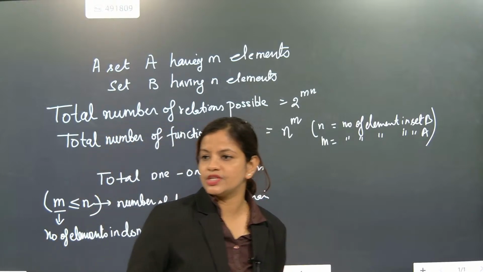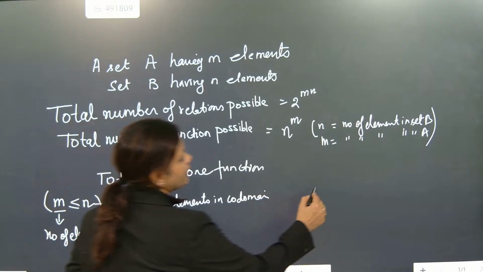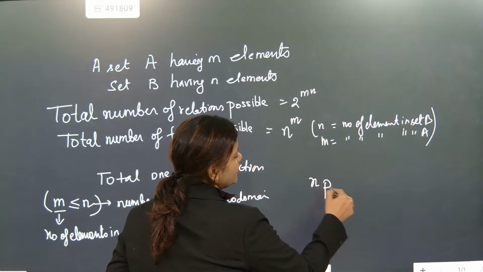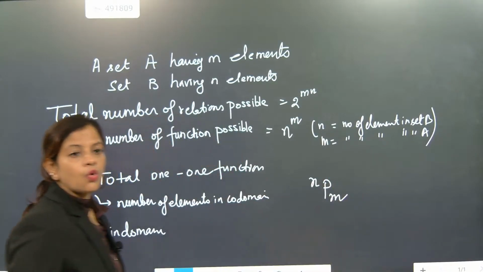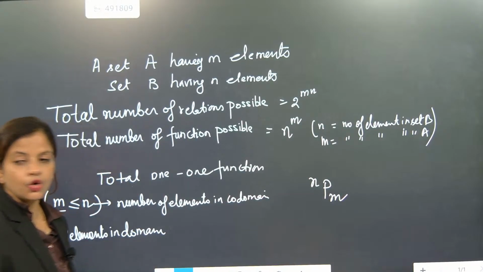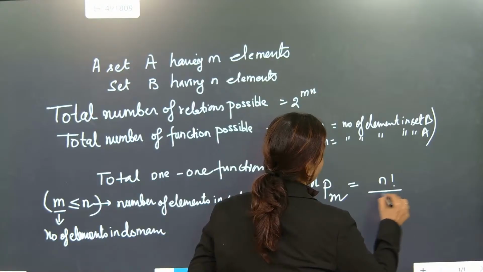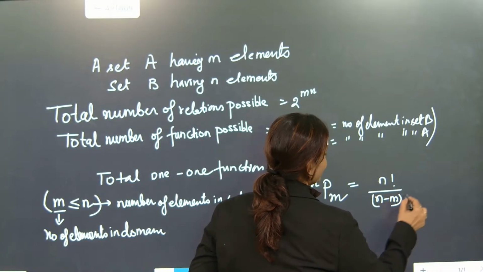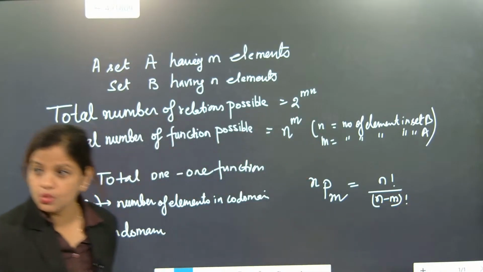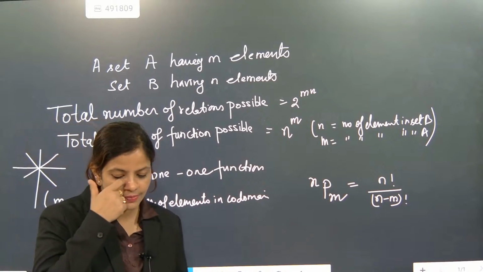In that situation we write the permutation nPm, which becomes n factorial by n minus m factorial. This gives the total number of one-one functions. Write this down, it is the most important part for competitions everywhere.